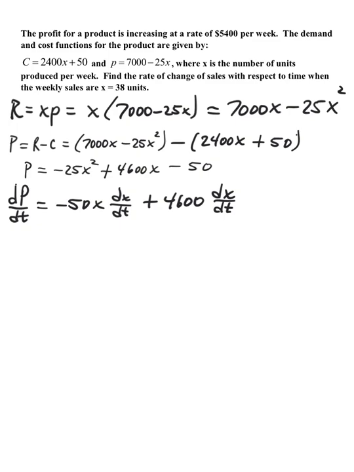The first sentence of our problem tells us that the change in profit per week is $5,400. x is 38. dx/dt is what we're after.